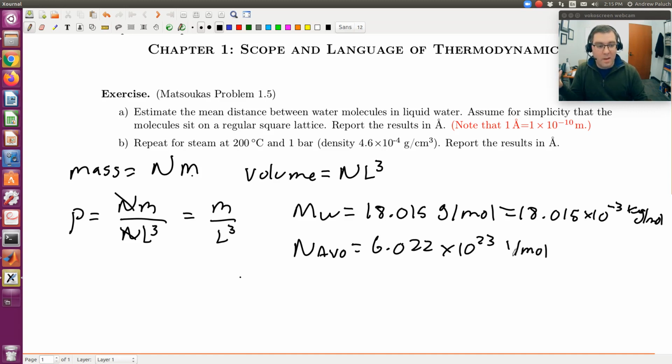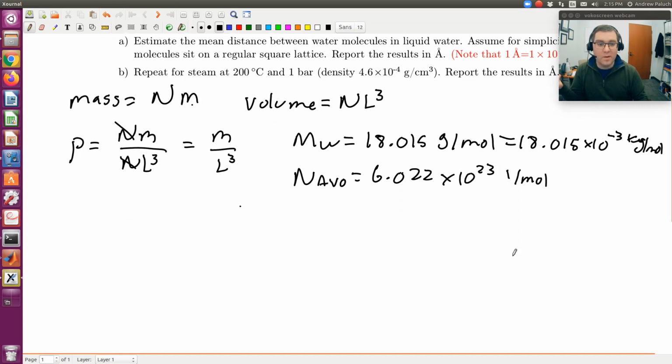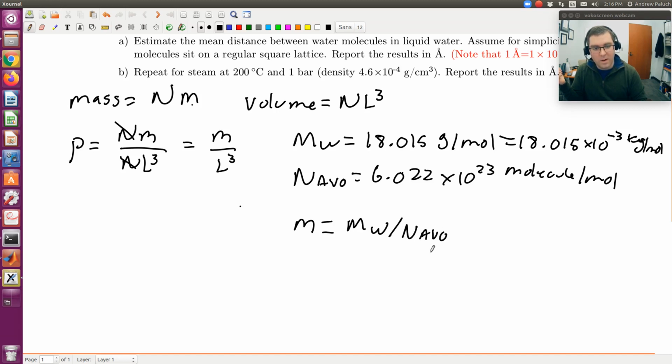So if I wanted the mass per molecule, actually let me write it out as molecule just to make it clear. If I write this out as molecule per mole, what that tells me then is m, which is my mass of a molecule, is equal to my molecular weight divided by N Avo, divided by Avogadro's number.